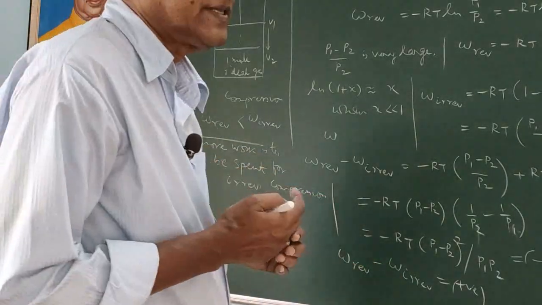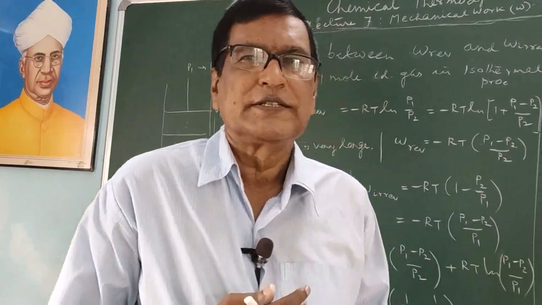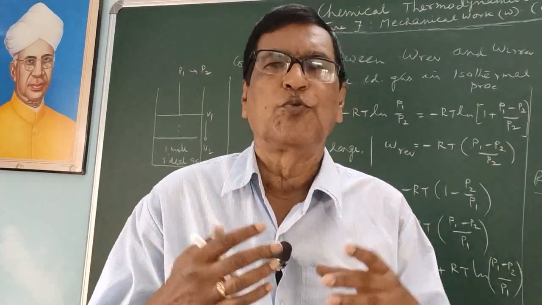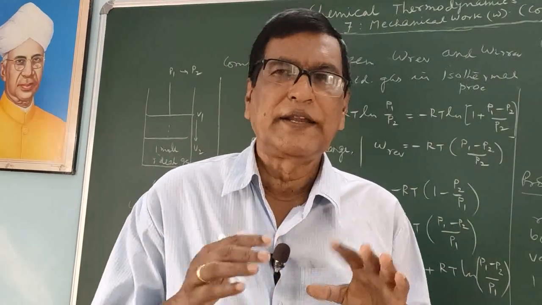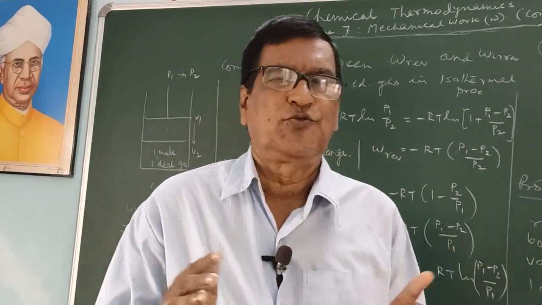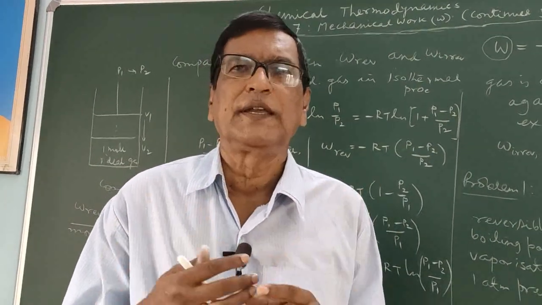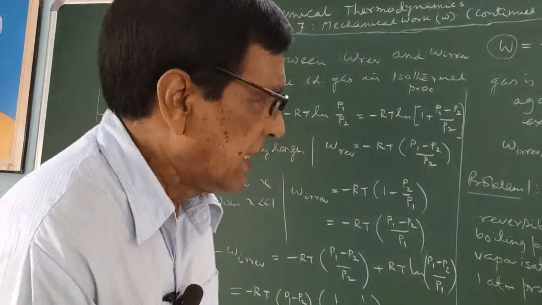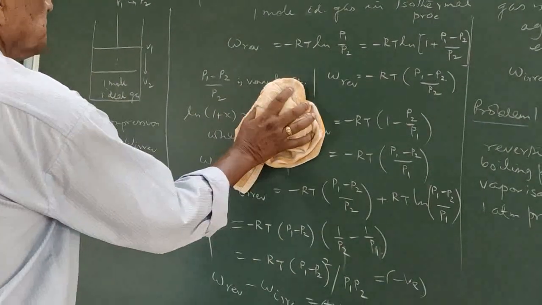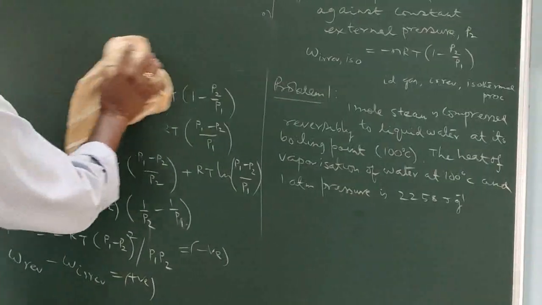So whenever this expansion occurs, the system will do more work in reversible process than in irreversible process, and this is why we always choose the reversible process for getting more work done by the system. And this could also be shown by means of an indicator diagram very easily.